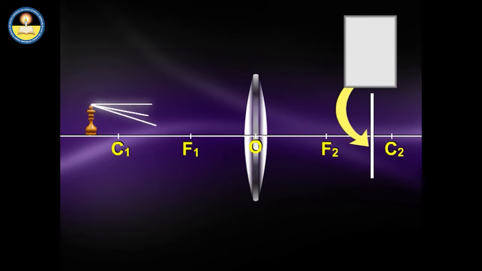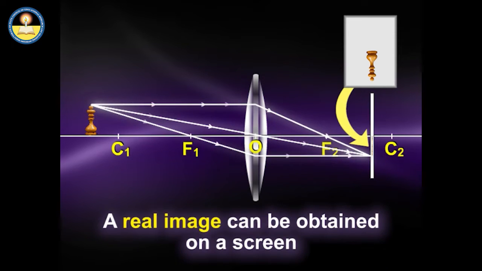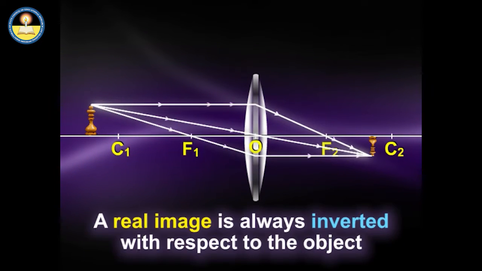If a screen is placed at this point, the image will be formed on the screen. That is, a real image can be obtained on a screen. Furthermore, a real image is always inverted with respect to the object.